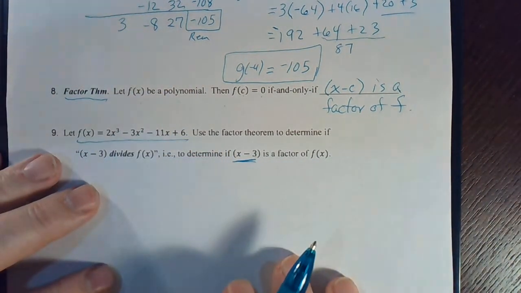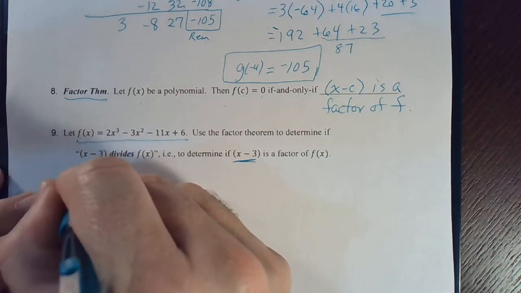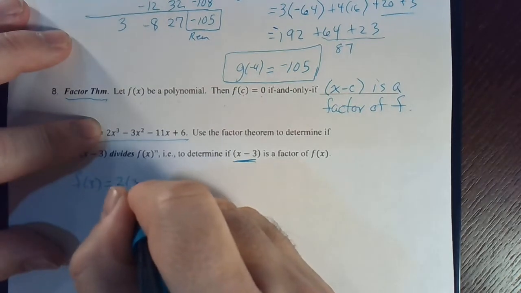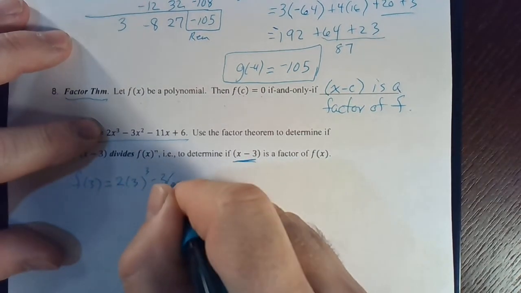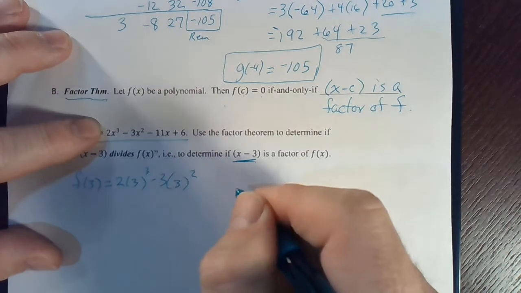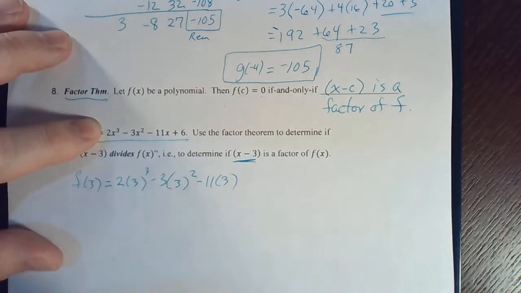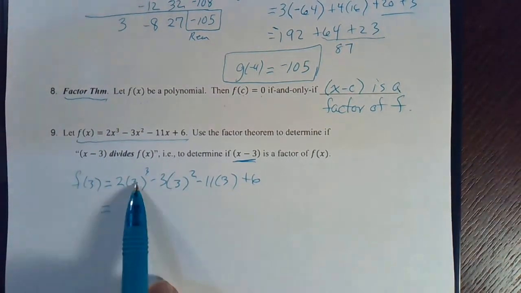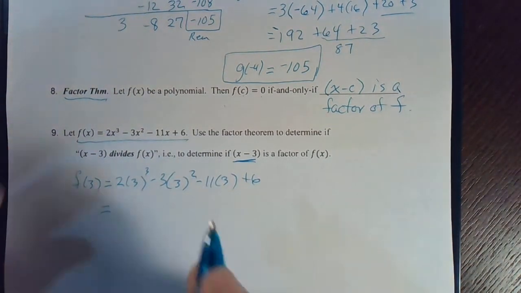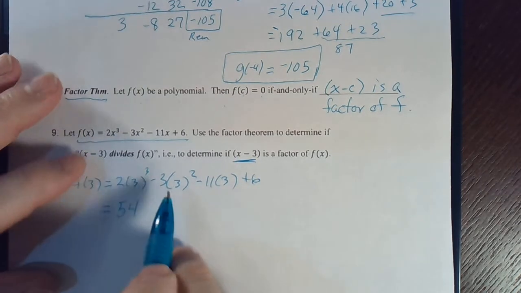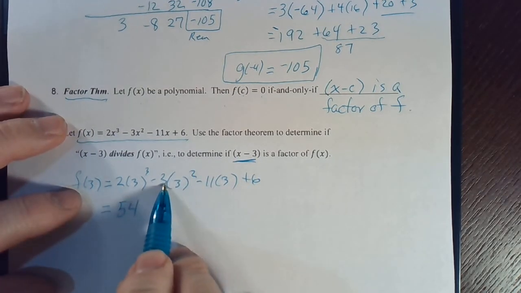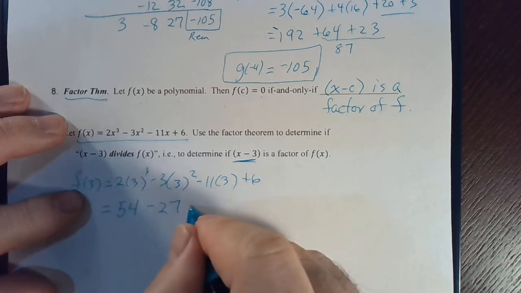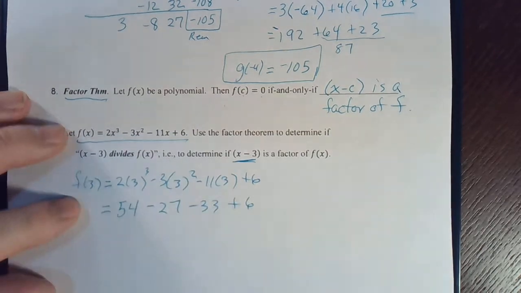So let's see what f of 3 is. F of 3 is 2 times 3 cubed minus 3 times 3 squared minus 11 times 3 plus 6. 3 cubed is 27 times 2 is 54. 3 squared is 9 times 3 is 27, so times negative 3 would be negative 27 minus 33 plus 6.